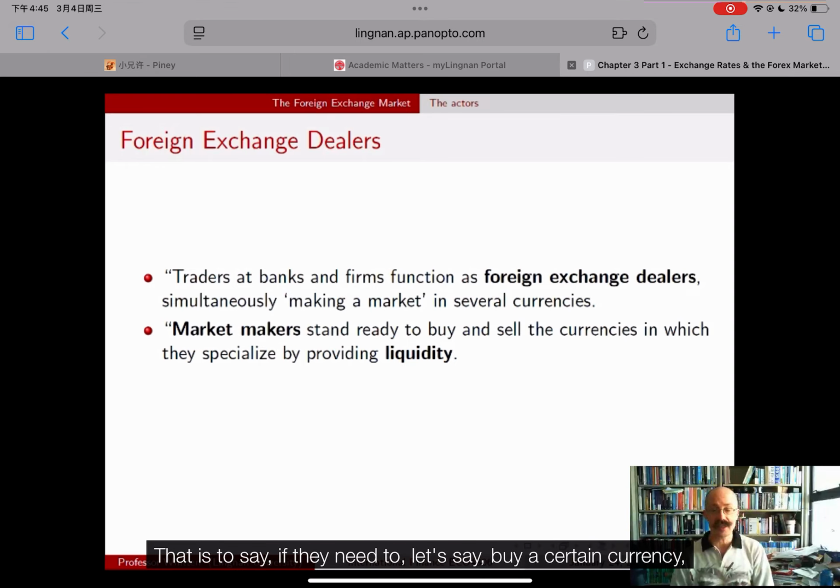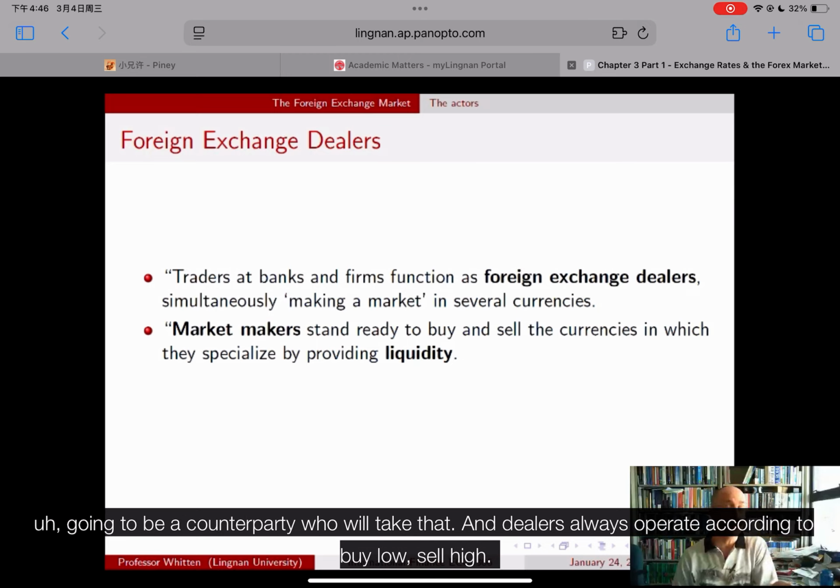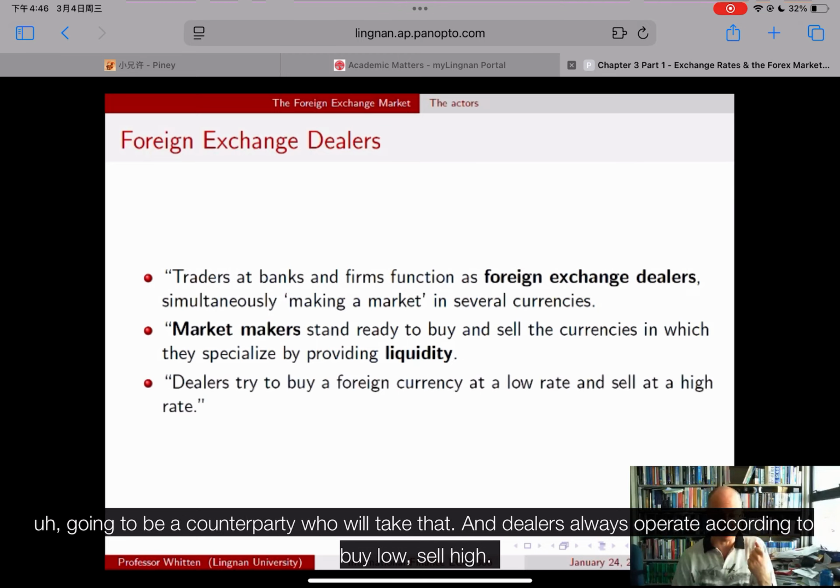That is to say, if they need to, let's say, buy a certain currency, they will be willing to put their own currency out into the market in order to make sure that there is going to be a counterparty who will take that. And dealers always operate according to buy low, sell high.